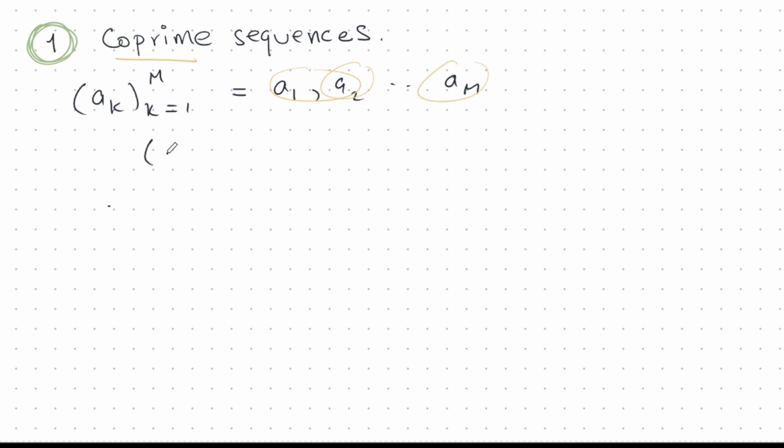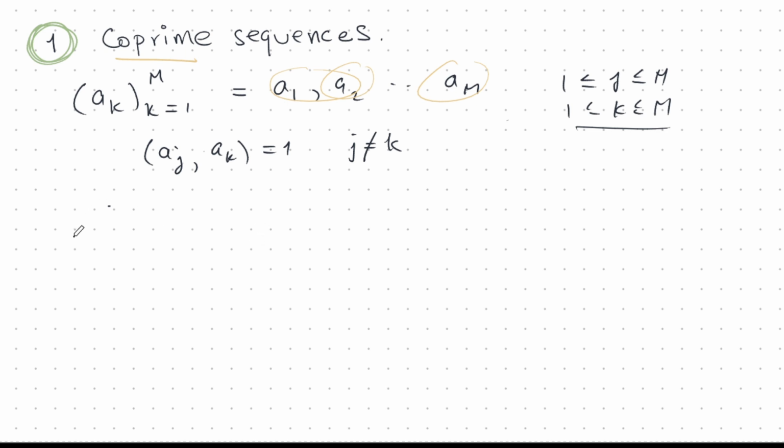So I can write that like this: the GCD of A_j and A_k is 1 for all of them, except of course when j and k are equal. So when j and k are not equal, the GCD is 1. And j and k are from 1 to m, like so. Okay, so that's a coprime sequence, very special sequence.